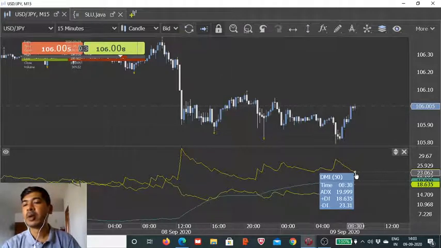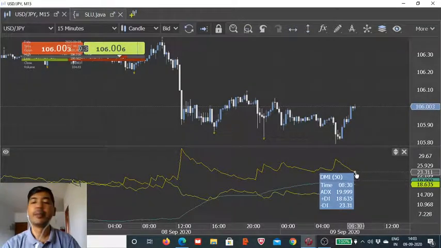Now, as per its developer, if the value for DI plus or DI minus is above 25, then the trend is considered strong. If the DI plus value is above 25, that means the uptrend is strong. Now the underlying instrument is trending on the bullish trajectory.